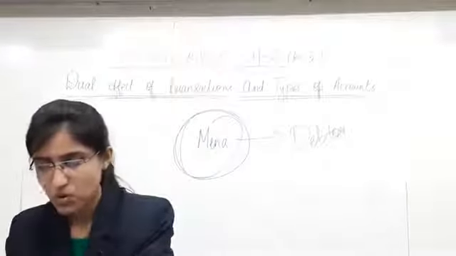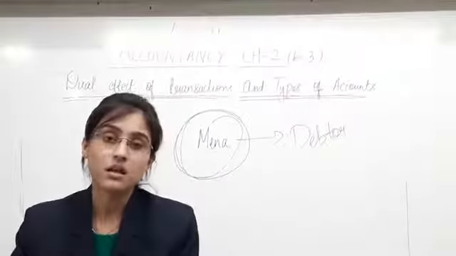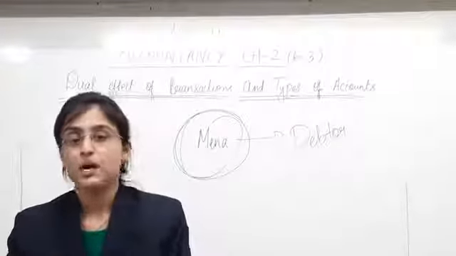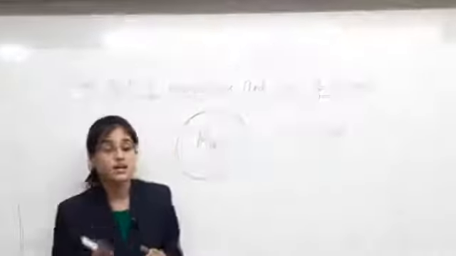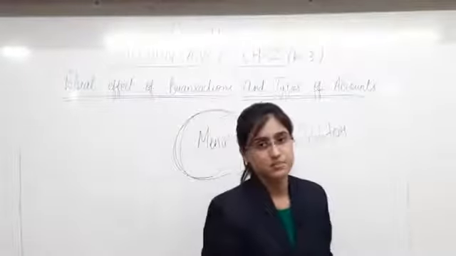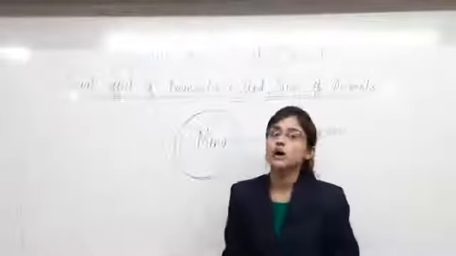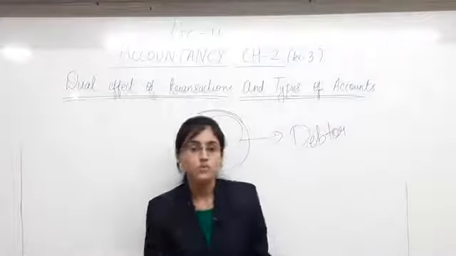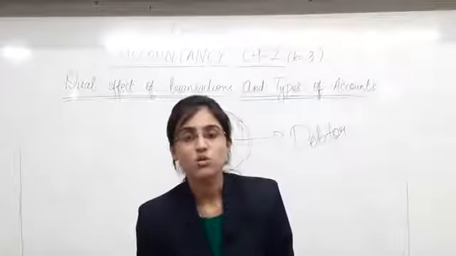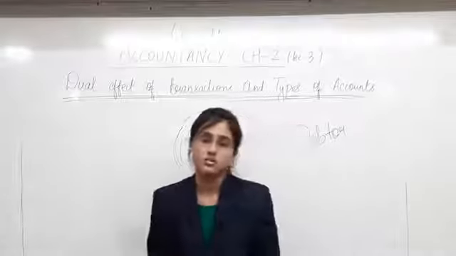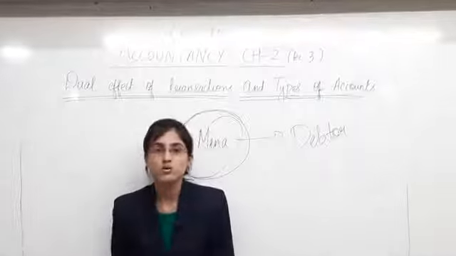So by now we are clear with one thing, that is the identification of cash transactions and credit transactions. That is, how to recognize a cash transaction or a credit transaction. The first illustration was about what?